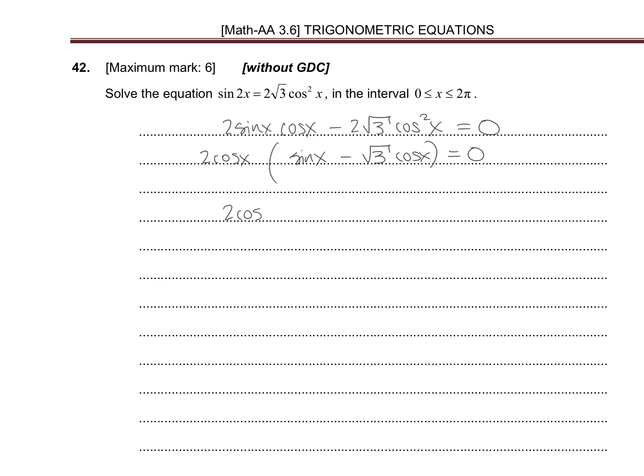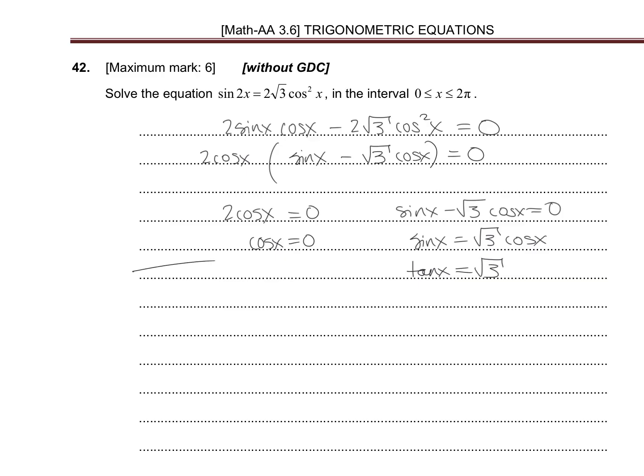Now we have 2 cosine x is 0, so cosine x is 0, or sine x minus root 3 cosine x is 0, so sine x is root 3 cosine x. Dividing by cosine, we get tangent is root 3.